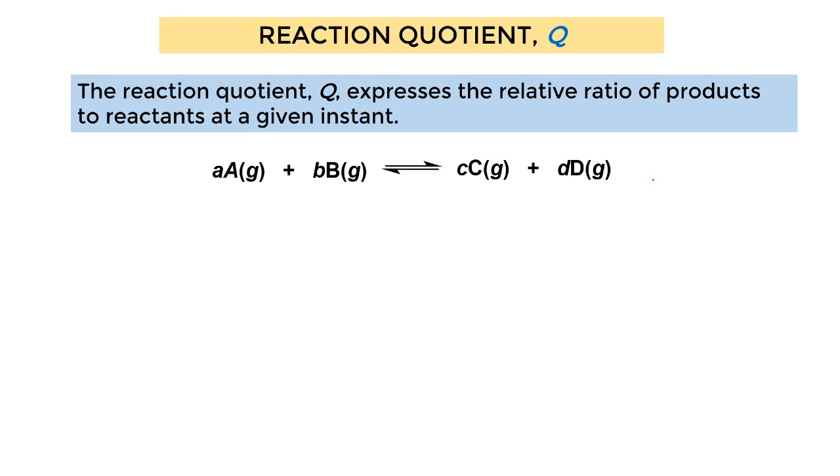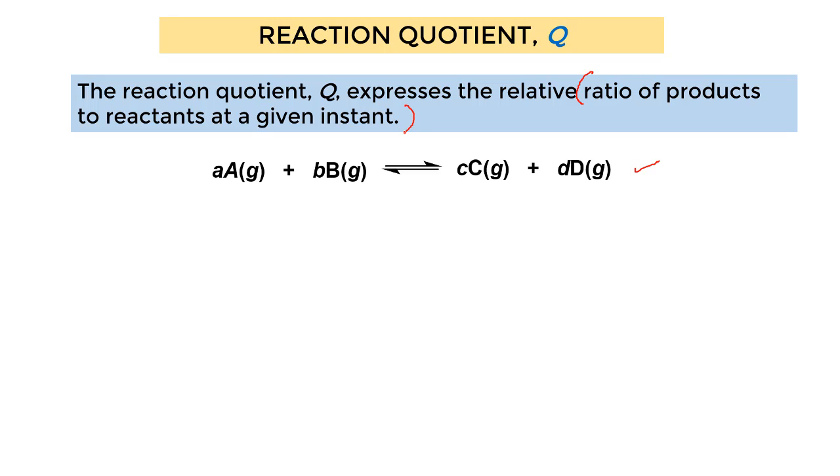A mole of A gas react with B mole of B reversibly produces C mole of C gas and D mole of D gas. Right? Okay, so how to write the Q expression? Because stated here, it is the relative ratio of products to reactant at a given instant.